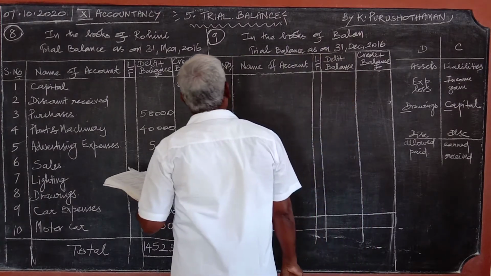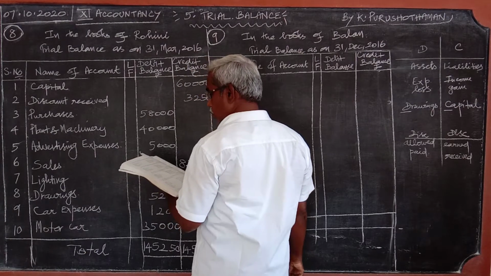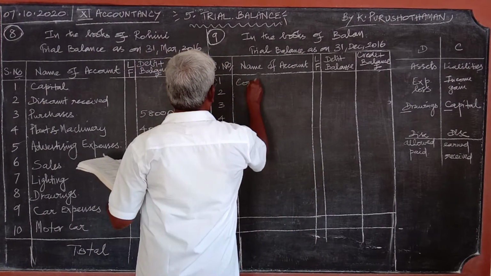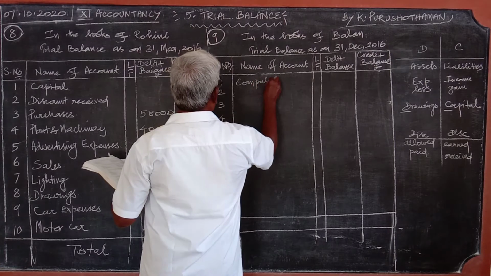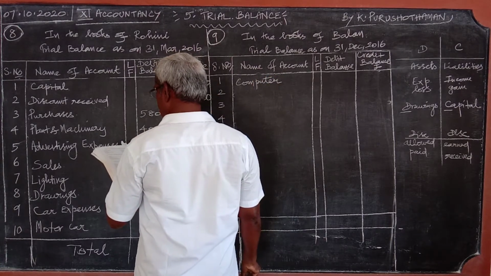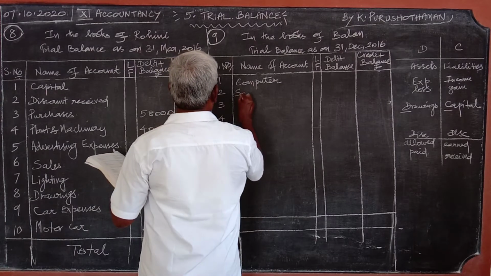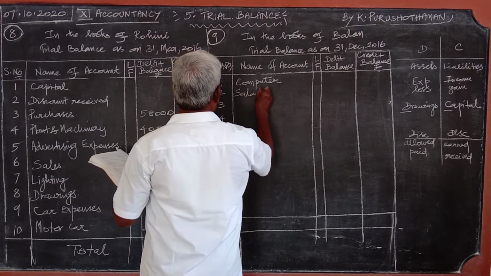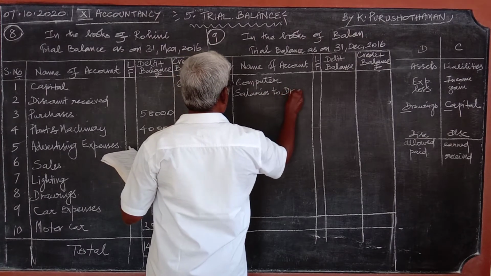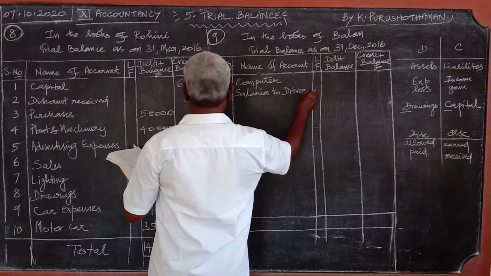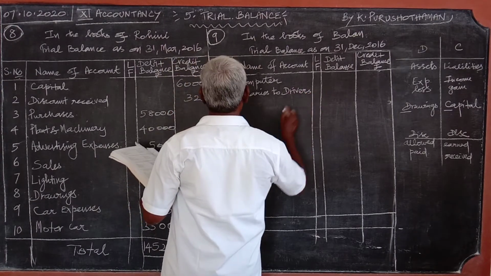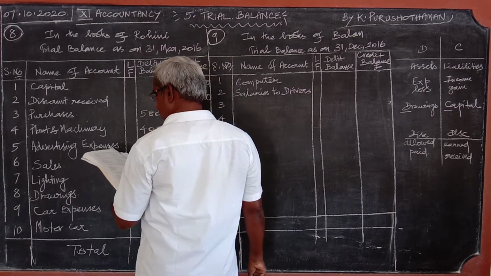Okay. Now in problem number 9, what are the items given? 1. Computer. 2. Salaries to drivers. 3.